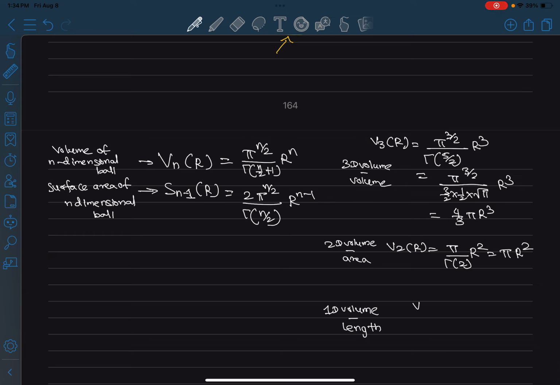If you try to find V1 of r, with the radius r, that will just be pi to the power half by gamma of 3 half, by r, and now this is pi to the power half by half times root pi, r, and that's 2r.